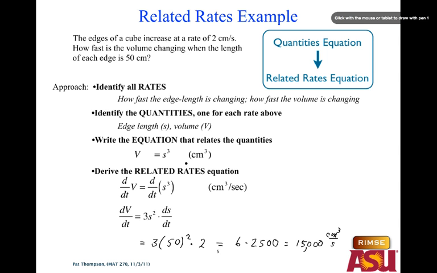s is a variable. So it's got to stay a variable all the way through the process until the very end, okay? I'm bringing this up because it's a common mistake students make. If you put the 50 in this V equals s cubed, then basically what you're saying is that the cube isn't changing. It just always has a side length of 50. And its volume is fixed. So therefore, how fast is the volume changing? 0, right? 0 centimeters cubed per second.